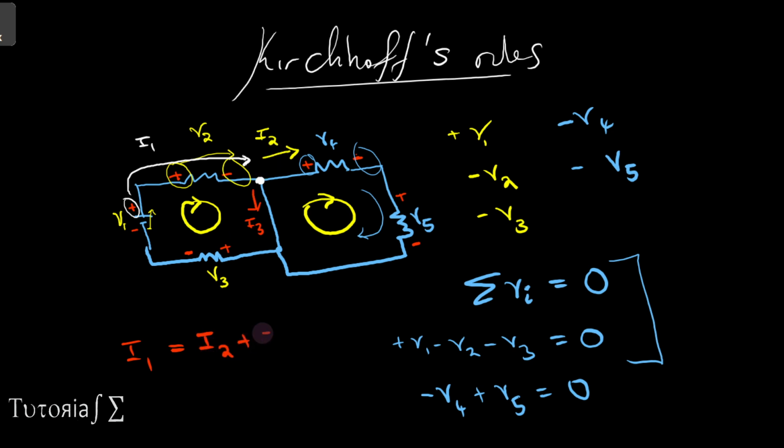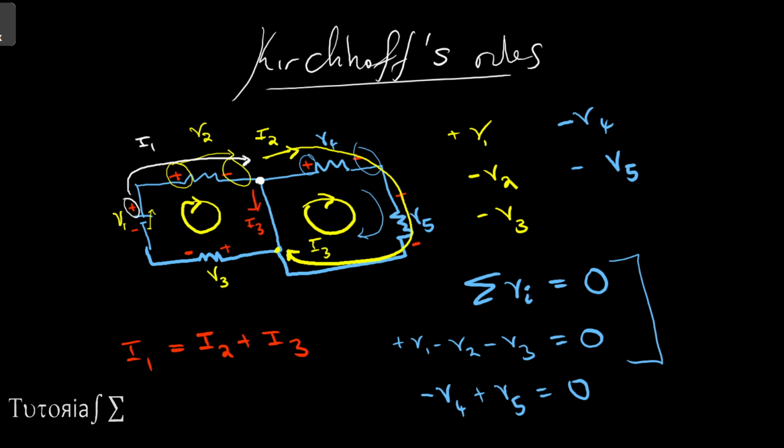And basically we can say current 1, which is this one, is equal to current 2 plus current 3. Now this current 2 will run all the way through this resistor until it reaches this junction again.